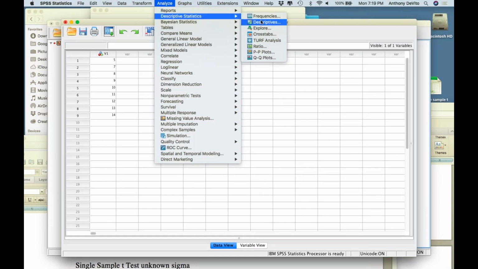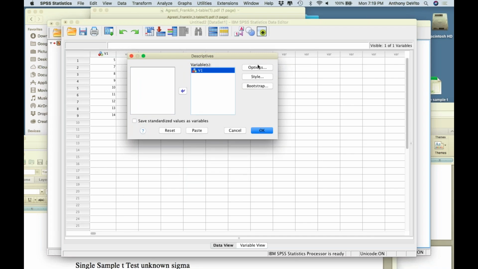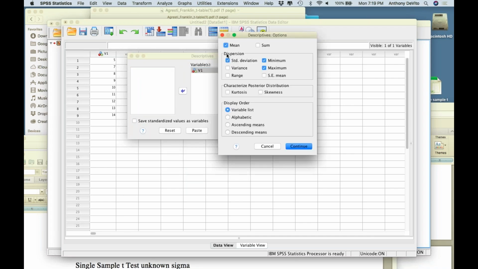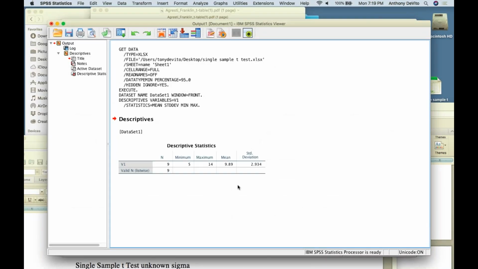Descriptives, and I'm going to ask it to tell me the mean and the standard deviation for this sample. Okay, let's see what it gives me. So the mean comes out to be 9.89, and the standard deviation comes out to be 2.934.